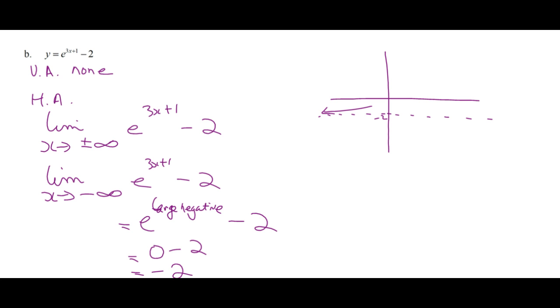And just say that's what's going on there, right, in the vicinity. It's just coming down to -2. Okay, and it'll always be above -2, because this will always be some really small positive number. Okay, e to a large negative is just going to be a small positive number from which you subtract 2, so you're going to be slightly above -2, right?